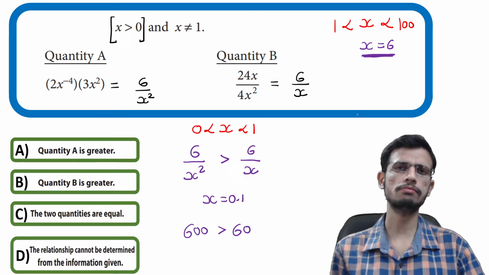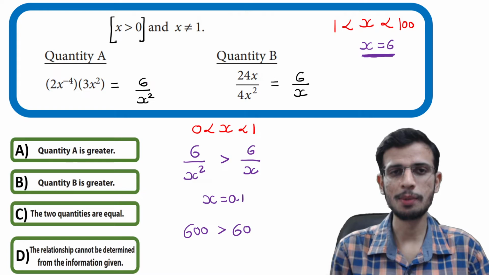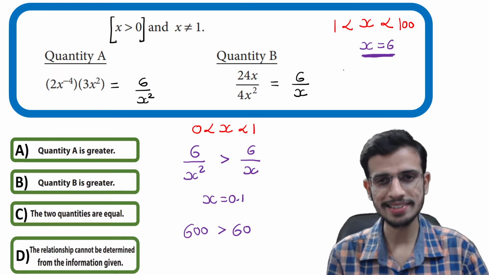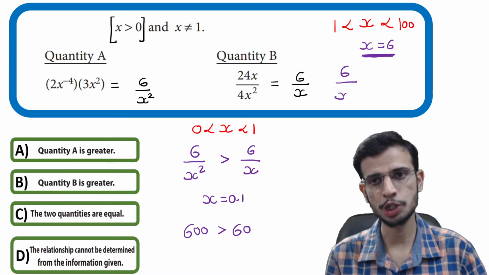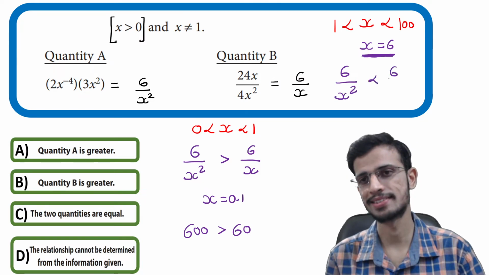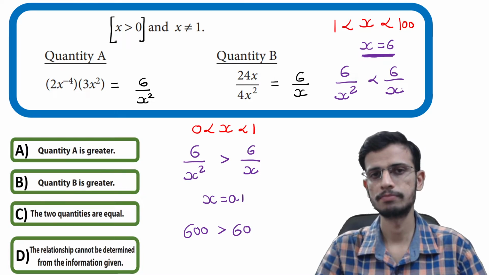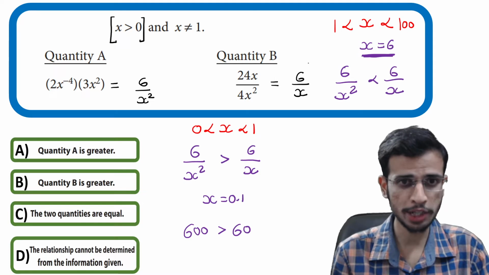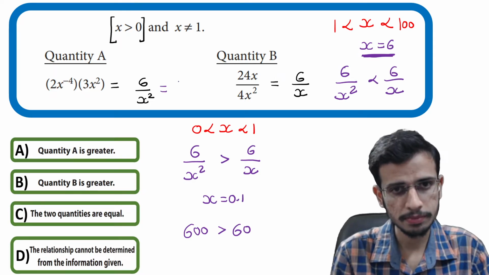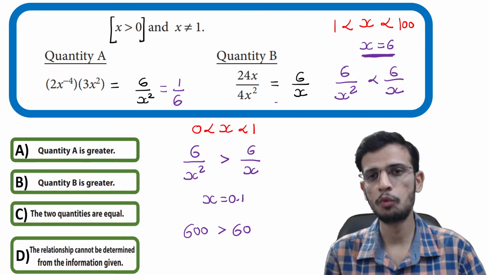X is greater than 1 basically. So in this case, 6 by x square will be less than 6 by x. For x equal to 6, this quantity will become 1 by 6, and this quantity will become 1.